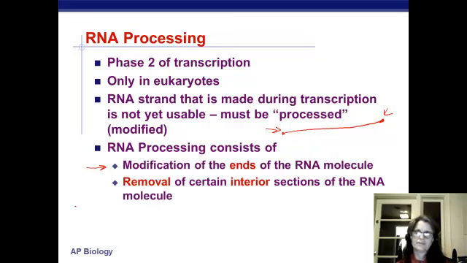Also, there are regions within this RNA transcript that evidently are not needed. Why are they there? Well, we'll talk about that. These pieces of RNA that are not supposed to be there were once called junk. That's so typical human. We don't know what it's for, so therefore it must be junk.